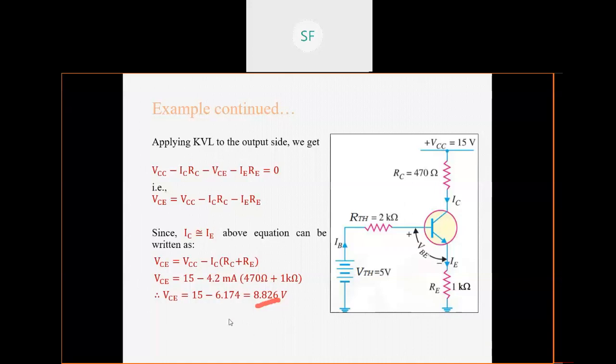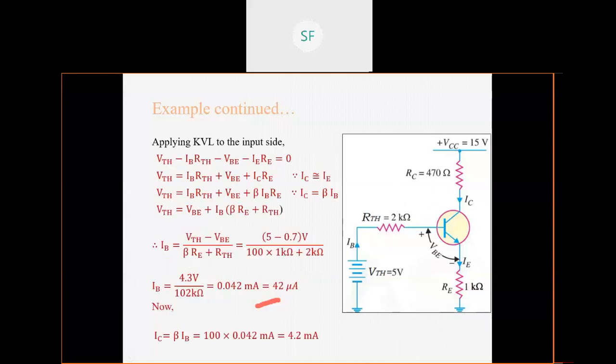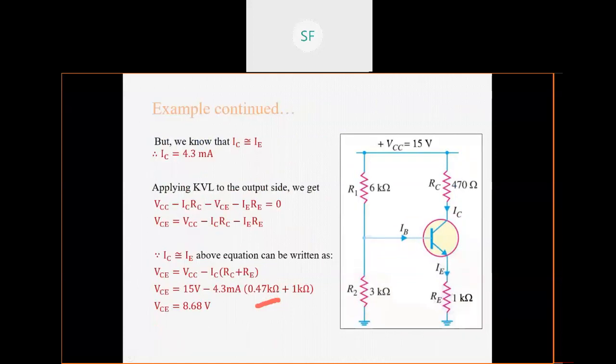The value of VC is 8.826. Now we will observe the value of VC when we solved this particular circuit by the first method. See here, it was 8.68. There was a very slight difference between the values.